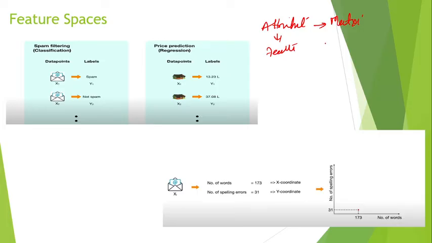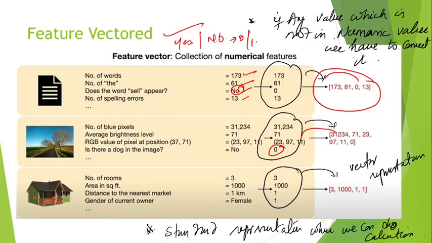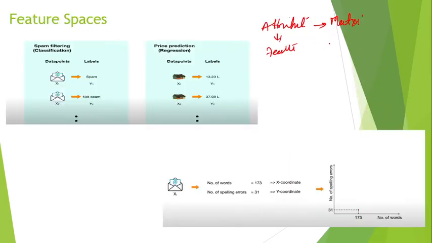That is what we call a feature vector. And how do you represent it in a graph? We call this feature space. Do remember, the attribute we call a feature. Then how do you represent it in a mathematical format? We call it a feature vector. And if you represent it in a graph, that is called feature space.